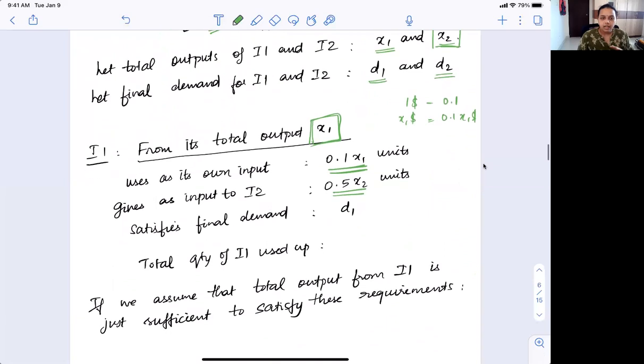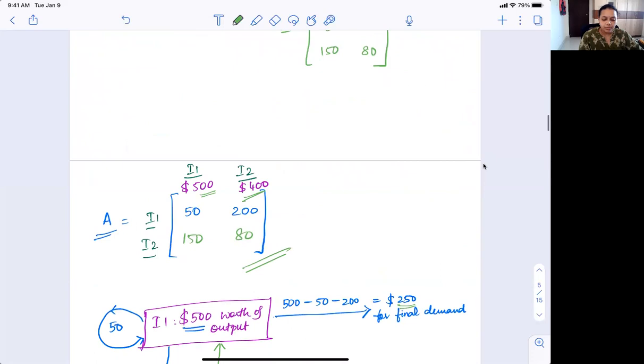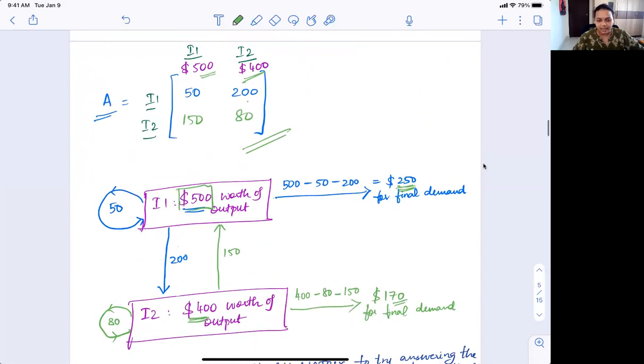And then the total output from X1 is also going to satisfy final demand, which was D1. In the earlier chart, this was actually 100. So 50 plus 200 plus 250 is equal to 500. That's the exact thing that I'm saying, except that instead of numbers, I'm giving you variable names.